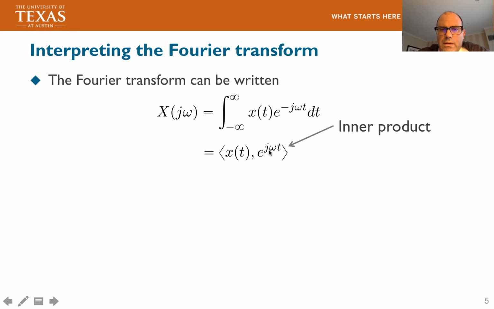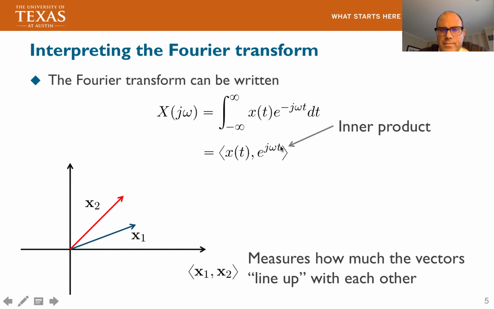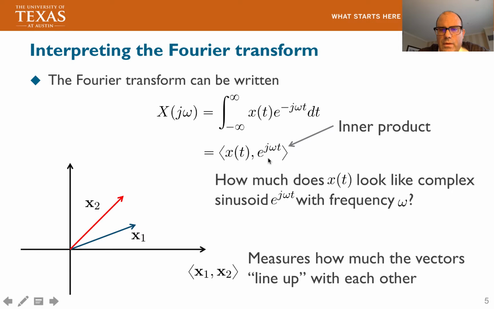We have no negative here because this is conjugated in the inner product. So essentially what this is measuring is how much the signal x(t) aligns with e^(jωt), that is, how much x(t) looks like a complex sinusoid with frequency ω. That's literally what the Fourier transform is.